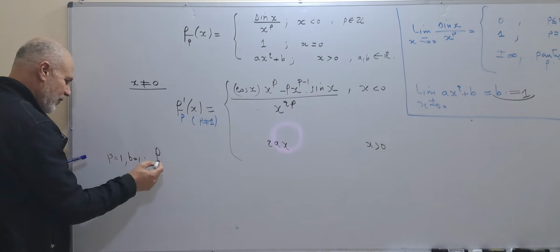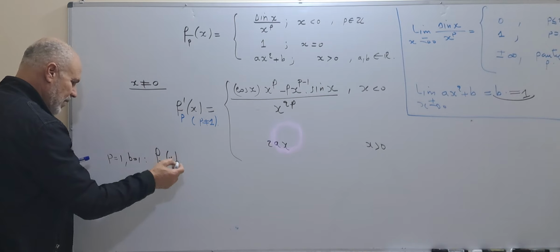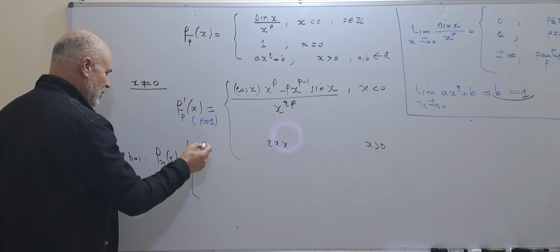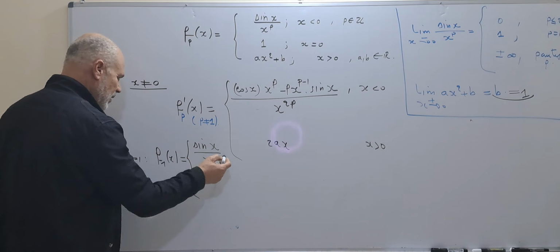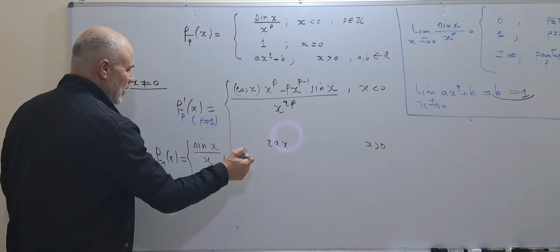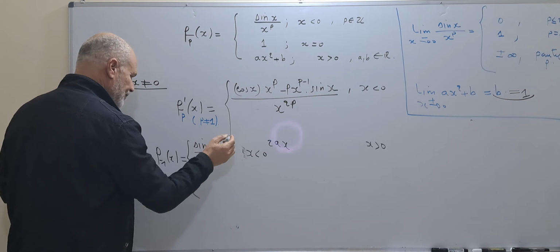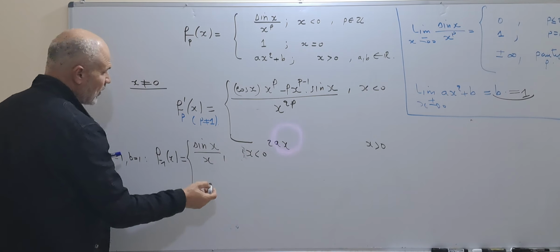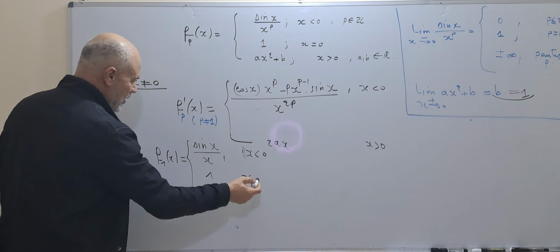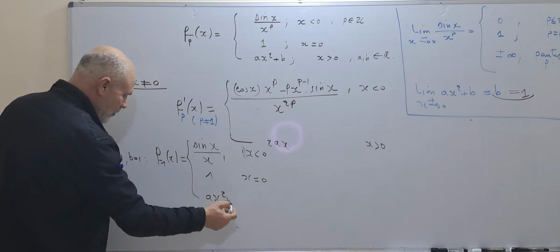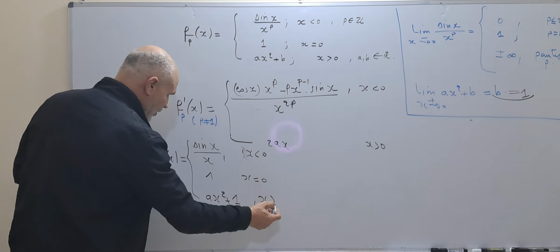The function f1 of x takes the form sine x over x for x less than 0, it takes 1 if x is equal to 0, and it takes the form ax squared plus 1 if x is greater than 0.